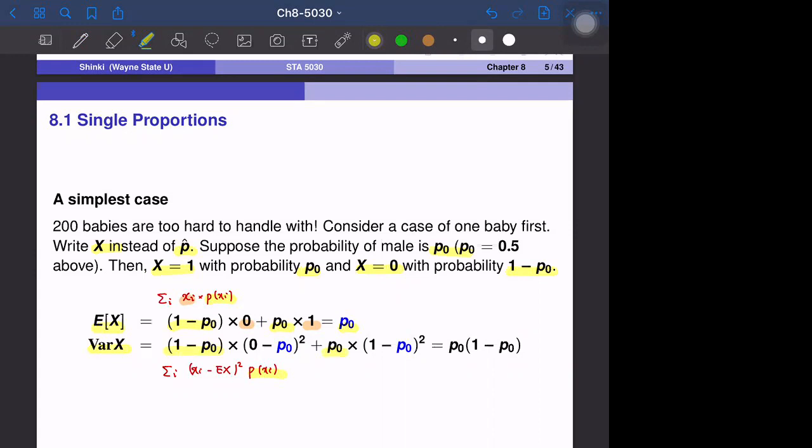Then x minus the expectation of x is 0 minus p naught and 1 minus p naught, squared. If you simplify it, we get p naught times 1 minus p naught. So this is the case for one observation.